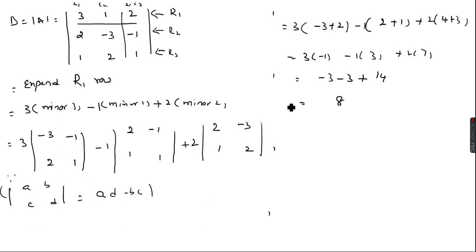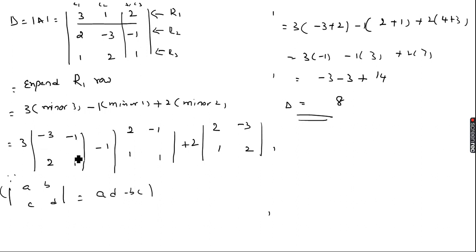This is nothing but delta. So first we expand along any row, normally the R1 row. What are the elements in the R1 row? 3, 1, 2. So it is written as 3 into the minor of 3, 1 into the minor of 1, 2 into the minor of 2, with the signs plus, minus, plus.